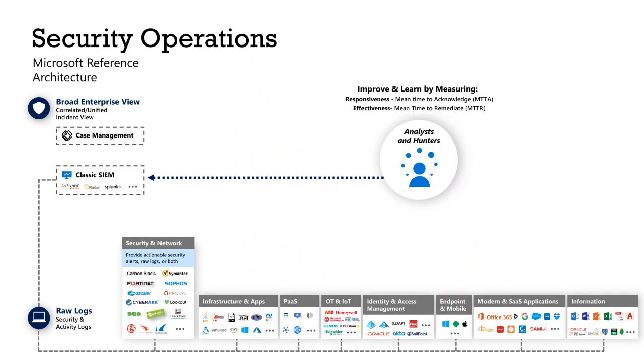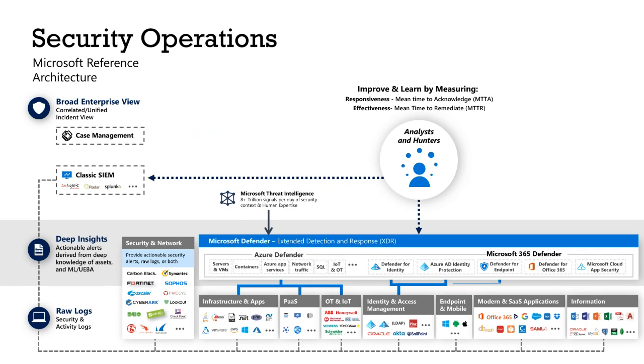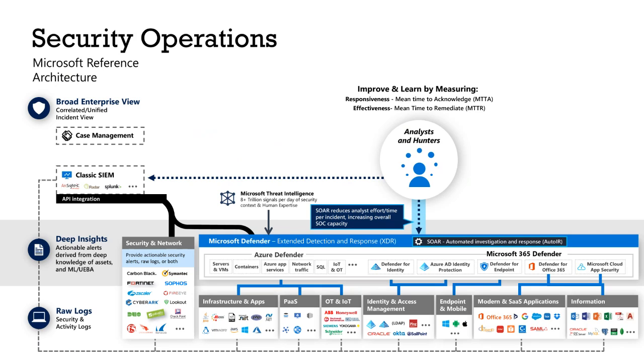Let's take a look at the security operations reference architecture from Microsoft. The XDR capability of Microsoft Defender provides rich insights and prioritized alerts. Microsoft Defender has security orchestration and automated response capability baked in.